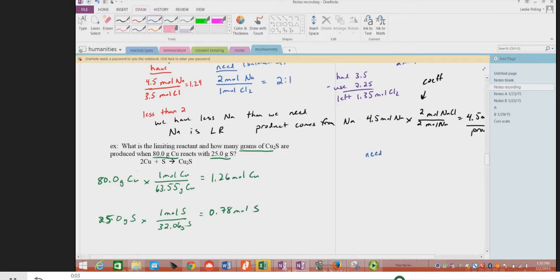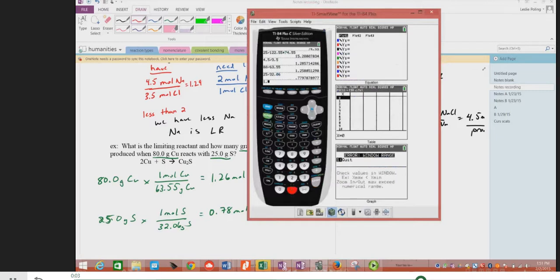So the ratio we need: 2 moles of copper over 1 mole of sulfur. So we need 2. So what do we have? We have 1.26 moles of copper over 0.78 moles of sulfur. Gives us 1.6.